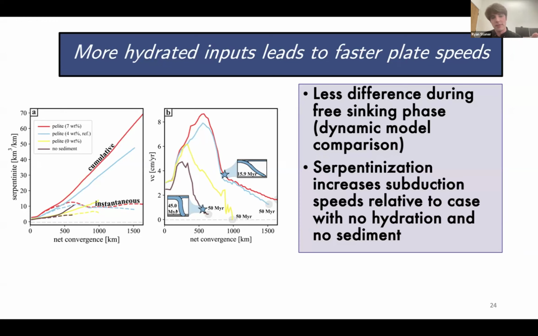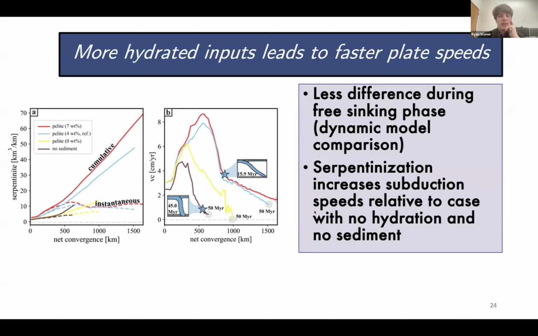So there is some effect from this serpentinization here, and it seems to be a very decent chunk of this effect. This is mostly based on the fact that we're using meaningful values for the friction of serpentinite.